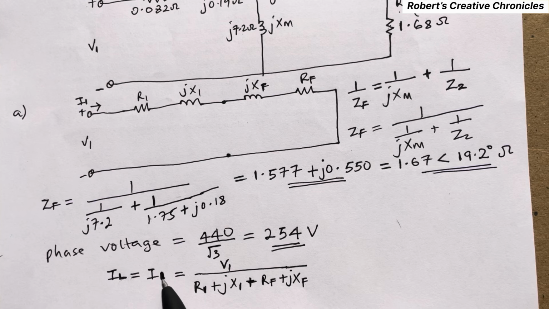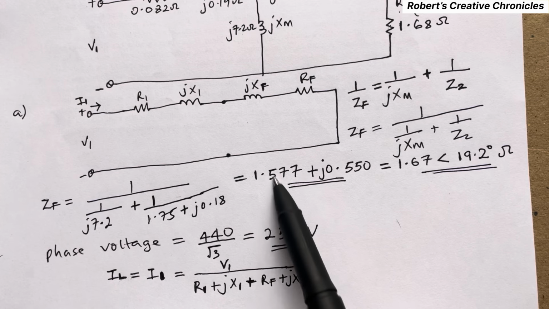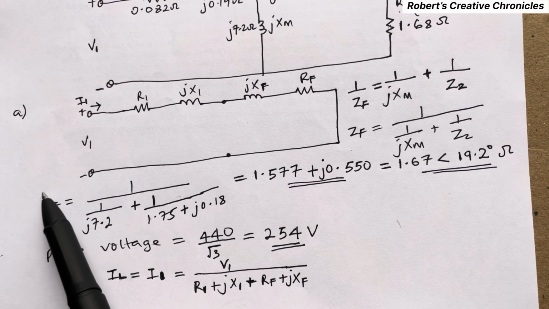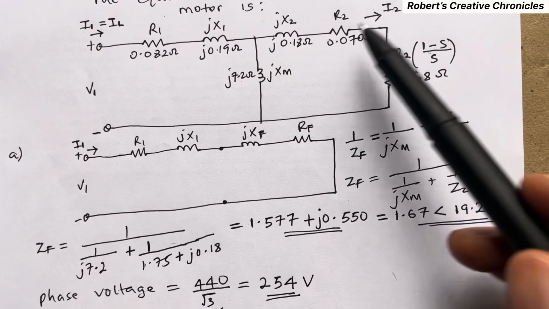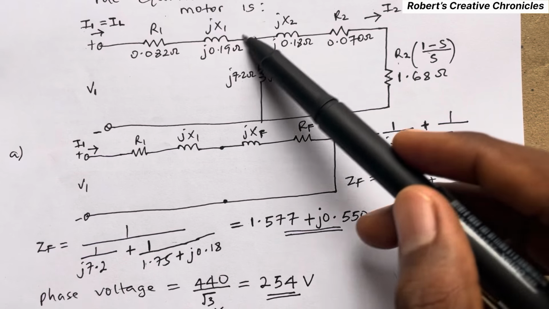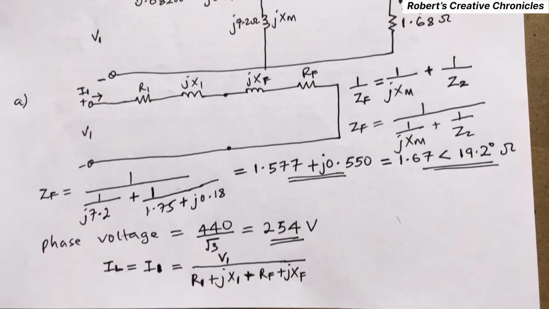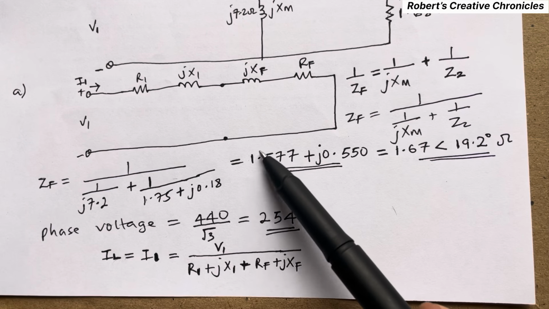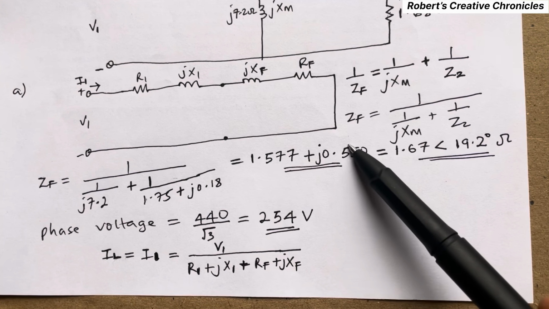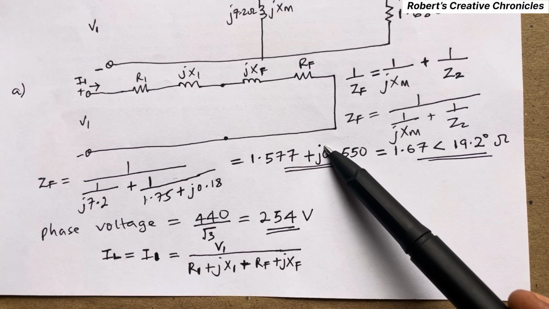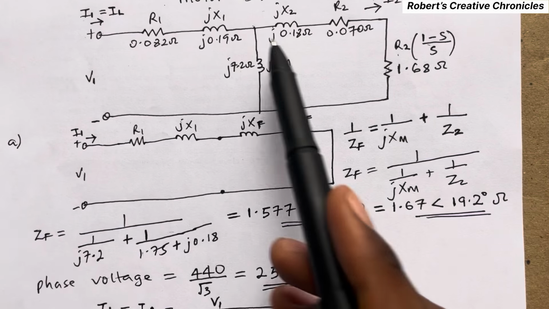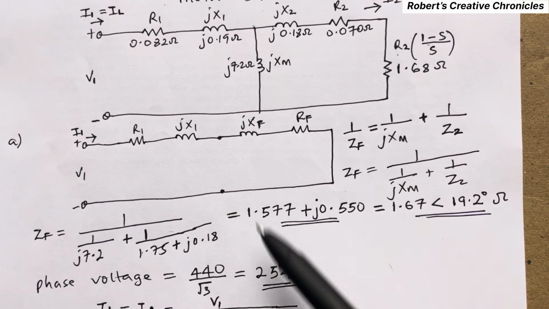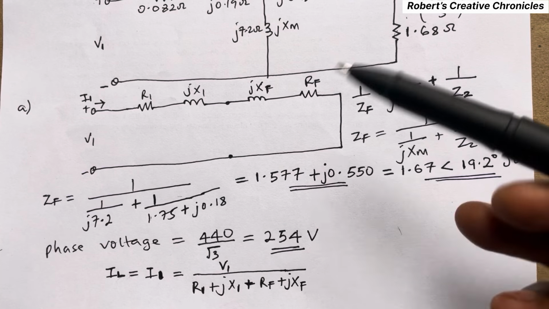Now we have found RF and jXF from here. As I said before, ZF is the equivalent impedance of this branch, and we found it. So this one is our RF and this one is our XF, and we have R1 and jX1 already. So we just substitute them.